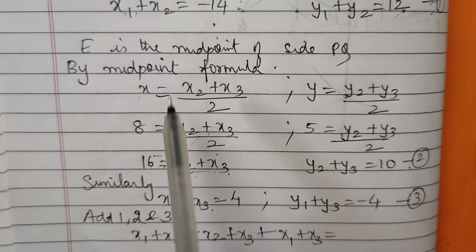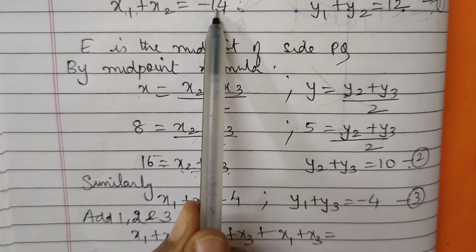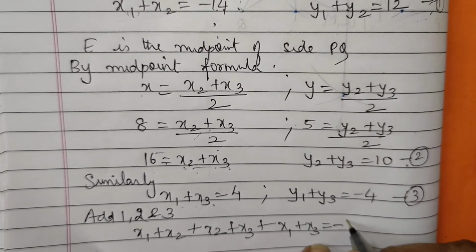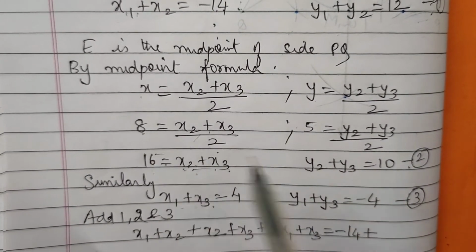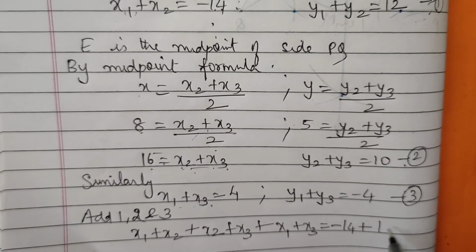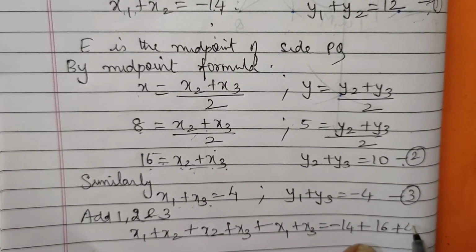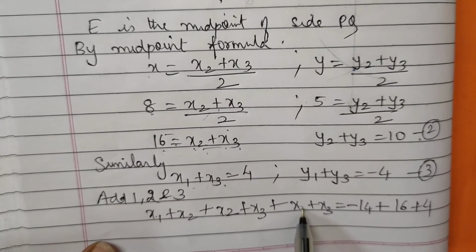On the right hand side, we have to add minus 14 plus 16 plus 4. So how many times did we get x1?